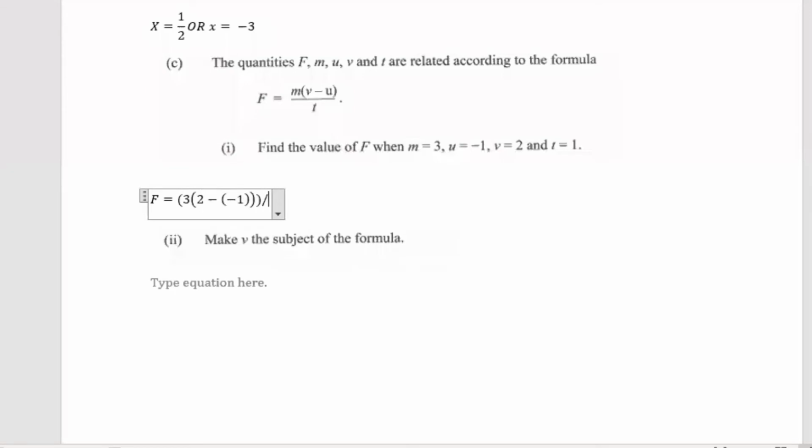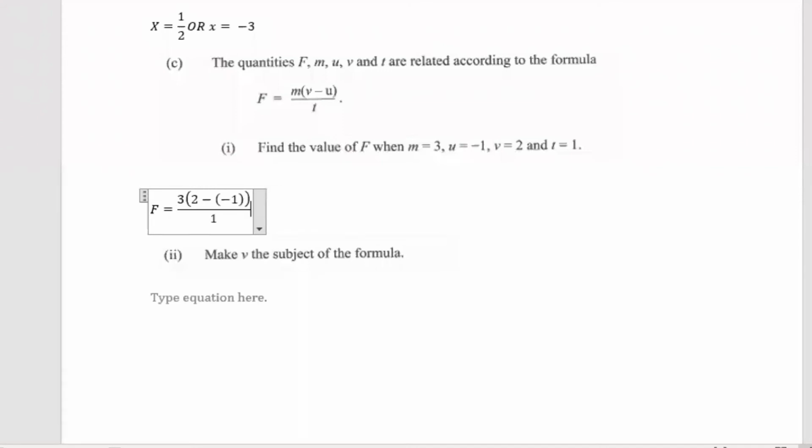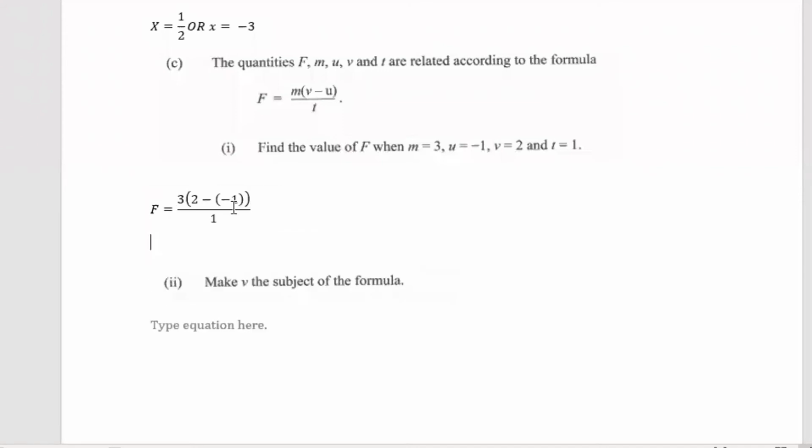And all of that is divided by T, which is 1. So what you're going to do is to first work out the bracket part. Negative multiplied by negative will leave us with a positive sign here. So what we'll have in this bracket is 2 plus 1. So what it will be is 3, and then in bracket 2 plus 1, and all of that is divided by 1.